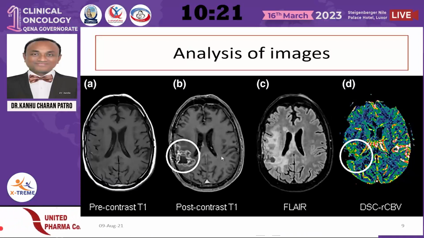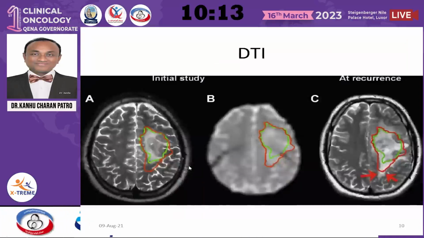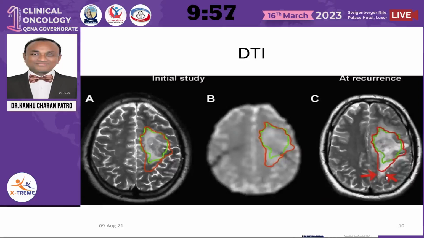So you can see the T2 area is larger, and more enhancing part in the T1 contrast. If you have diffusion tensor imaging facility, you can see the white matter tracts and disease infiltration in the white matter tracts also.